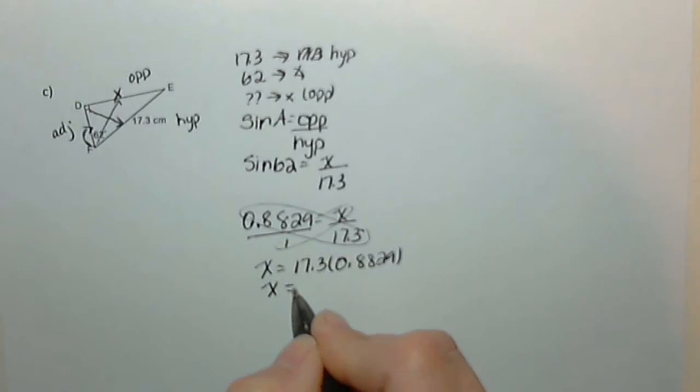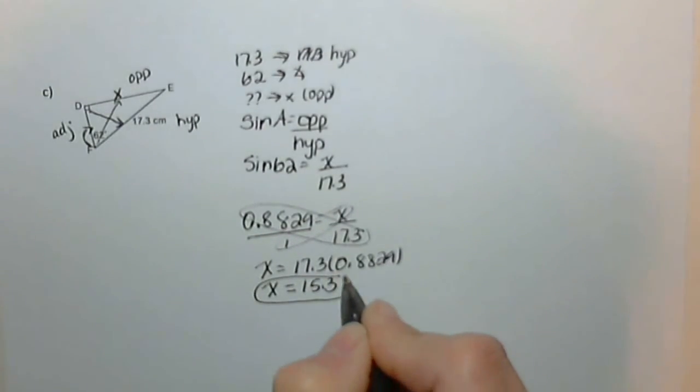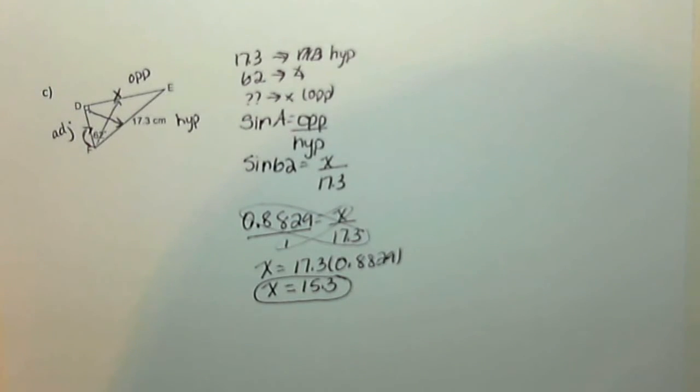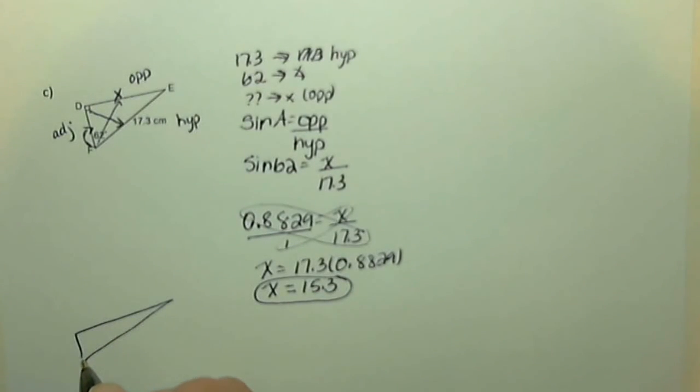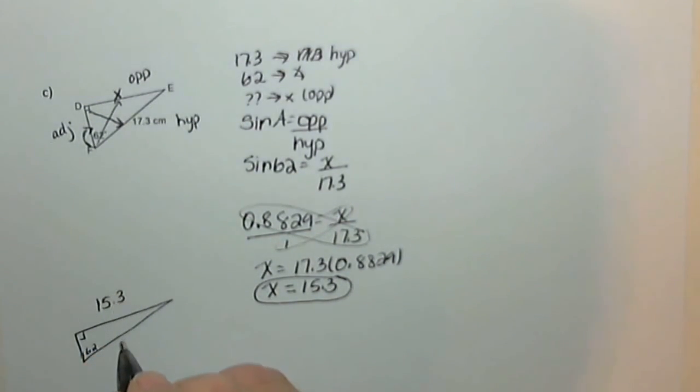X is equal to 15.3 when we round to the nearest tenth, as we were asked. So let's on the side here keep track of what we found. We know that this is 62. We know that this is 90. We know that this is 15.3. We know this is 17.3. So I need to find this angle and this side.